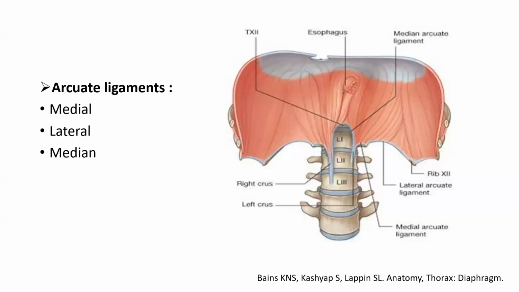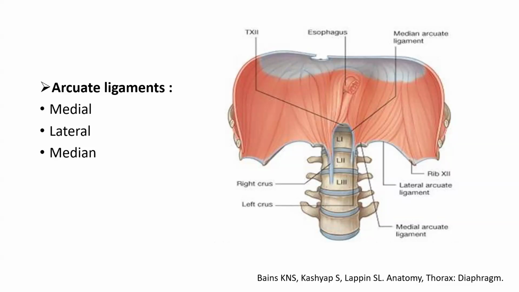Coming to the arcuate ligaments, the medial arcuate ligament is a tendinous arch covering the psoas major muscle. Medially it attaches to the side of the body of the L1 vertebra, and laterally it connects to the front of the transverse process of L1. The lateral arcuate ligament is also a tendinous arch, covering the upper part of the quadratus lumborum.